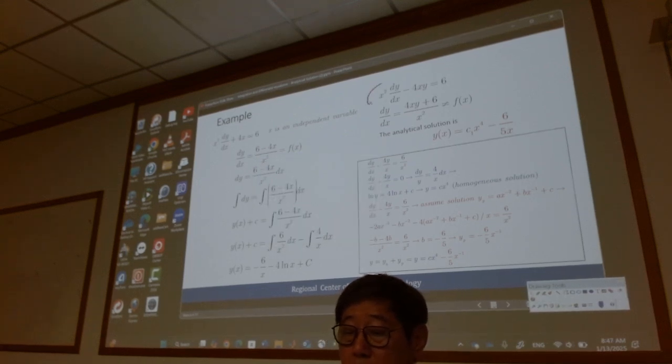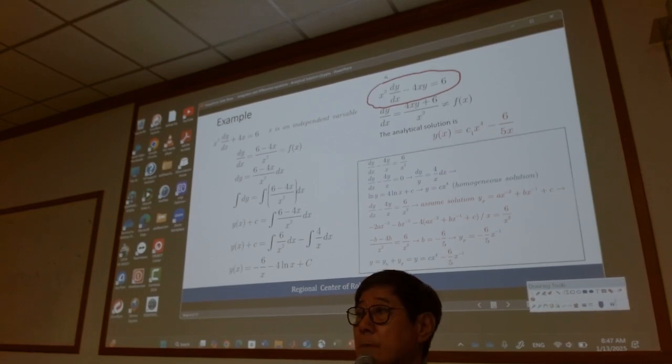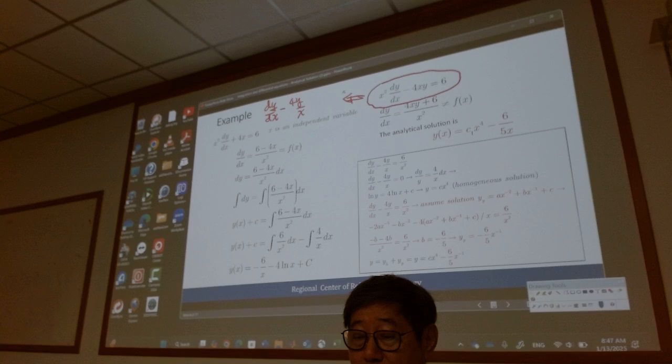See, if you want to solve this one, I can do this by, let's say, if I form this one: dy/dx minus dy/x squared, minus 4y over x equal to 6x squared, right?